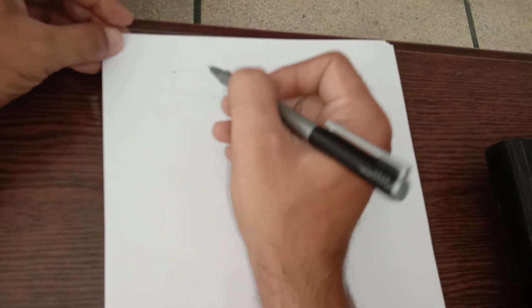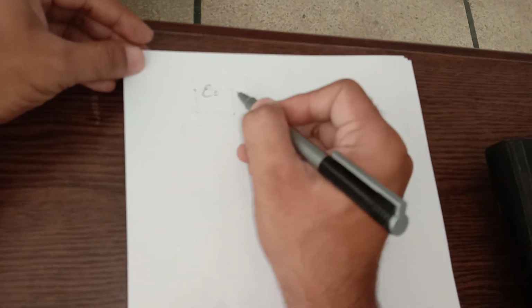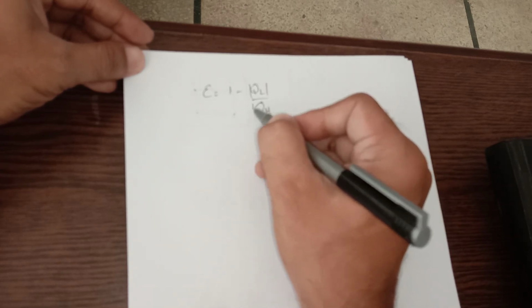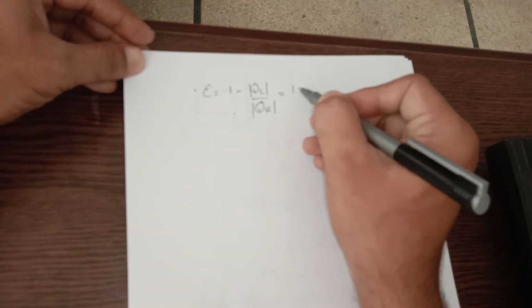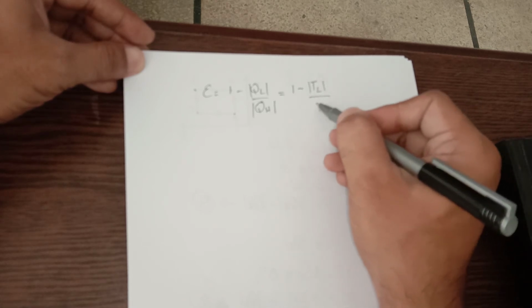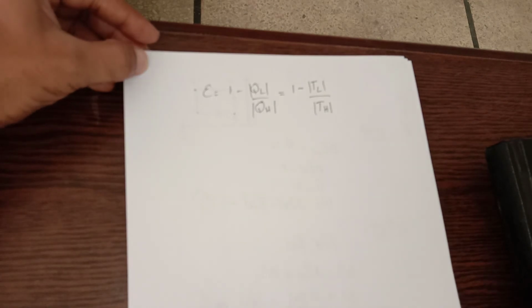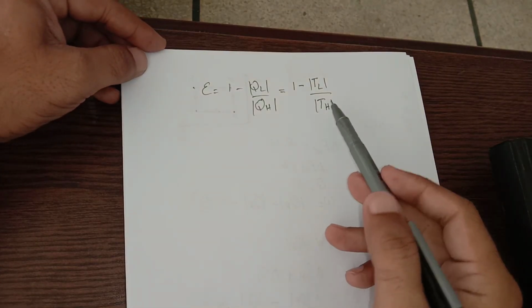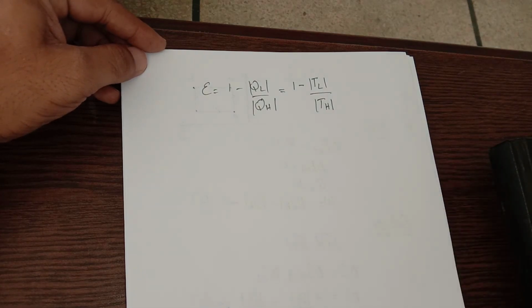I can write this efficiency as 1 minus QL over QH, and since this is analogous to temperature, it should be 1 minus TL over TH. And if you want to calculate its percentage, you can multiply it with 100. Now since TH is always greater than TL in case of an engine, one can say that efficiency should be less than 100%.